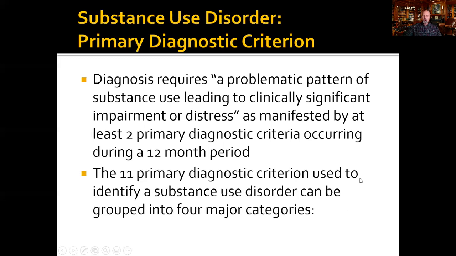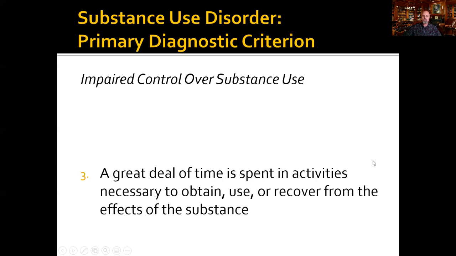The 11 primary diagnostic criteria that are used to identify a substance use disorder can be grouped into 4 major categories. You will need to be very familiar with these categories, not only for my class, but for some of the questions that will be on the quizzes. It's important to note that a category is different from a criterion.